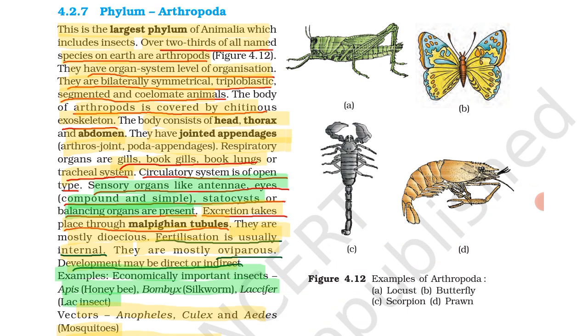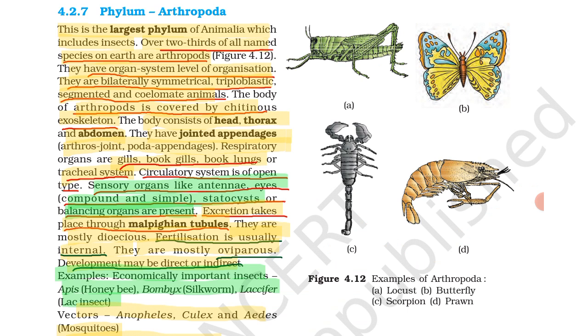Next, the circulatory system is open type. We have seen the circulatory system is of two types, closed type and open type. In open type, whenever the heart pumps the blood, it pours the blood directly onto the organs, cells or tissues without any tube, capillary, artery or veins.